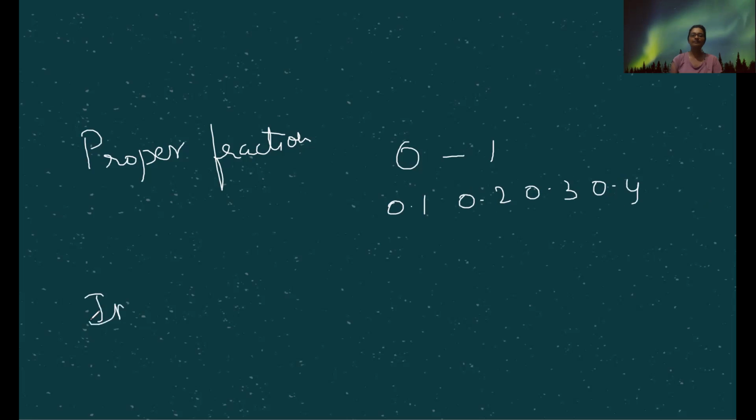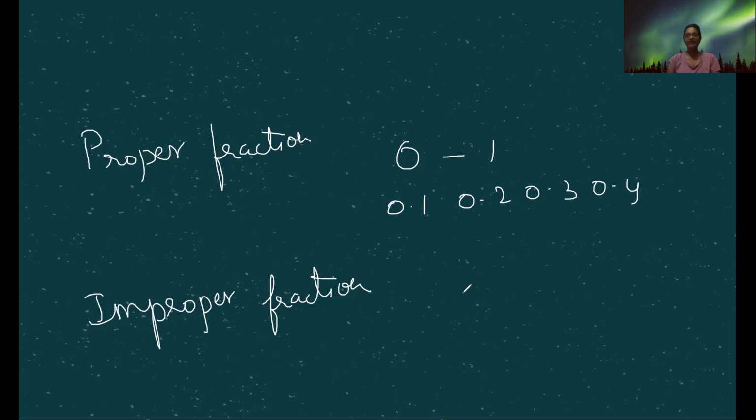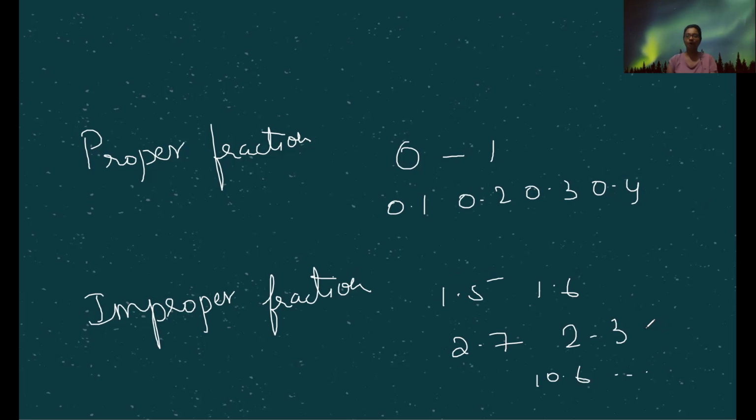But for an improper fraction, the answer will be more than 1. So 1.5, 1.6, 2.7, 2.3, 10.6, like that. It will be more than 1. That's all. So you'll be doing normal division. Okay guys, the first video is about this. Great.